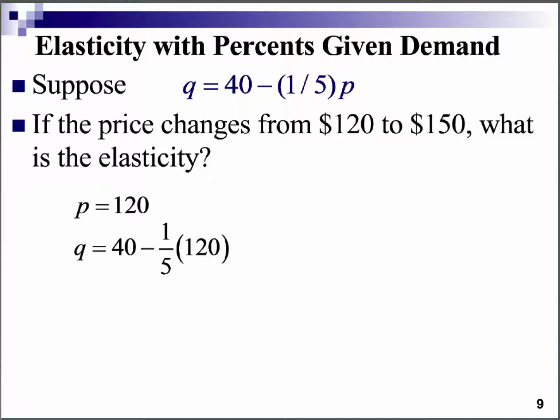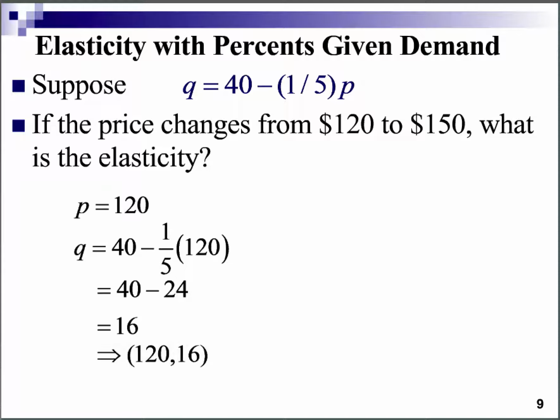So if we substitute 120 for P, we get this. Q is equal to 40 minus 1/5 of 120, and that leads to 40 minus 24. 1/5 of 120 is 24, and of course 40 minus 24 is 16. So the quantity in demand, the number of items that we expect to sell at that price, is 16.